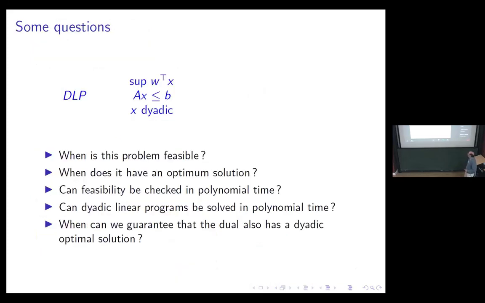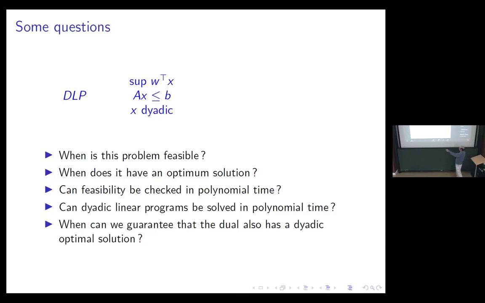So here are some questions that one might ask about dyadic linear programming. When is the problem feasible? And if it is feasible, when does it have an optimum solution? Can feasibility be checked in polynomial time?